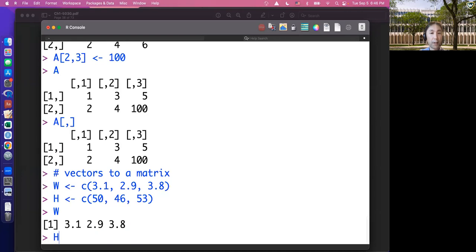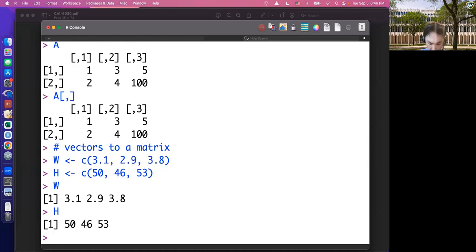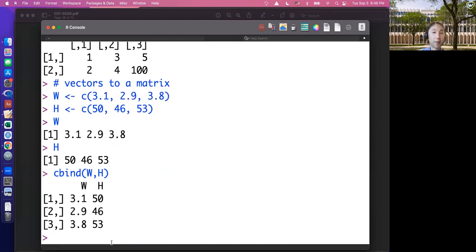So we have the W and H, and we want to make a matrix based on these 2 columns. Suppose W is the first column and H is the second column of the matrix. Then we can use the cbind function to generate the matrix. So this is a 3x2 matrix. And actually the first column is named W and the second column is named H. Basically this is just the same as the matrix we have created, just we have names for columns.